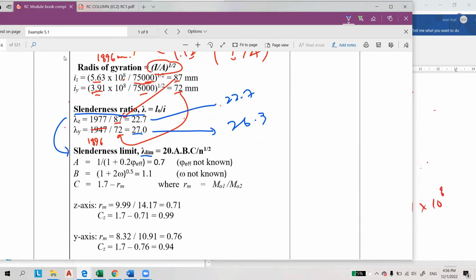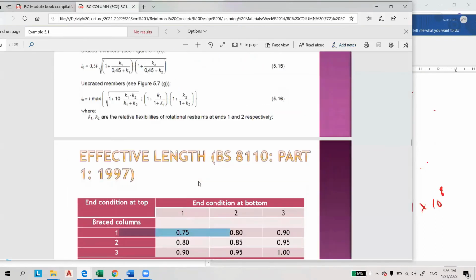The limit is equal to 20ABC divided by √n. If these values are not known, you can just use A equal to 0.7, B equal to 1.1, as in the note here.